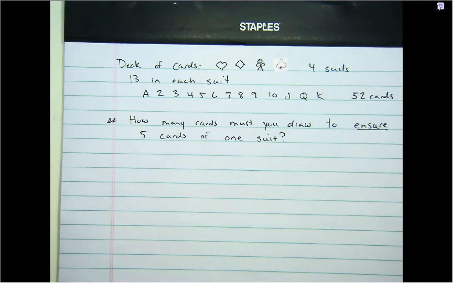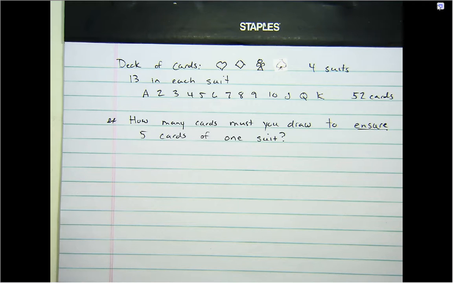What do we call 5 cards of one suit? Anybody play cards enough to know that? It's not a pair, it's not a full house. Flush. That's what you're going to say, right?